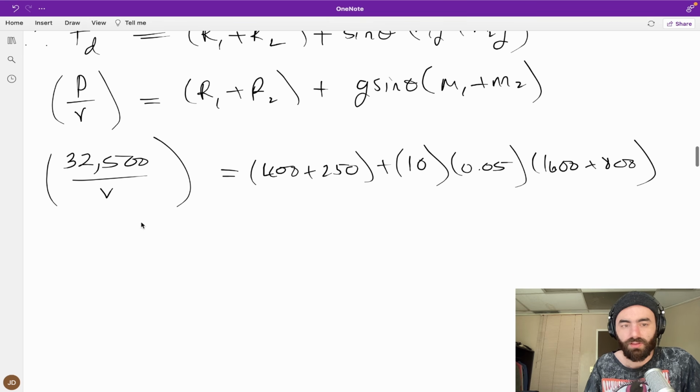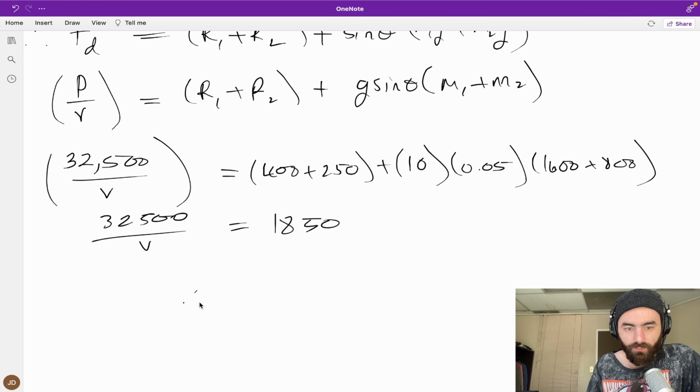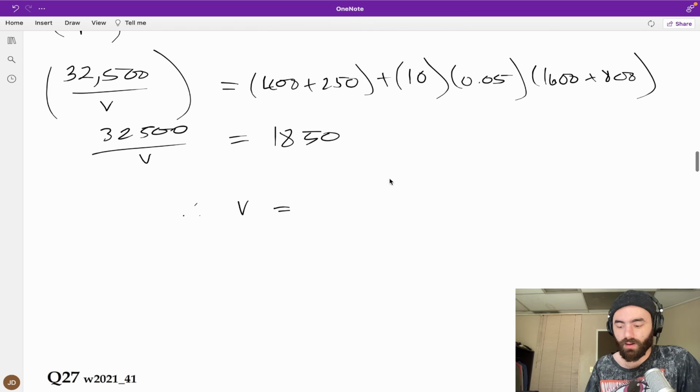So just substitute all these values in, and we'll get on this side 400 plus 250 times 5 times this is 850. Therefore V will be 32,500 divided by 1842, which is 17.6 rounded to 1 decimal place. The answer is 17.6.